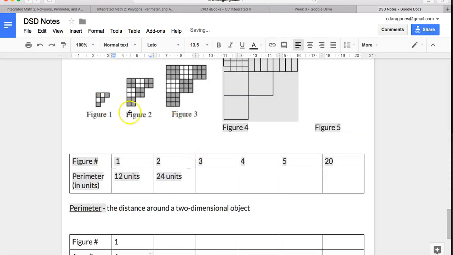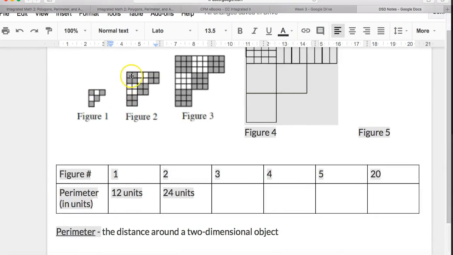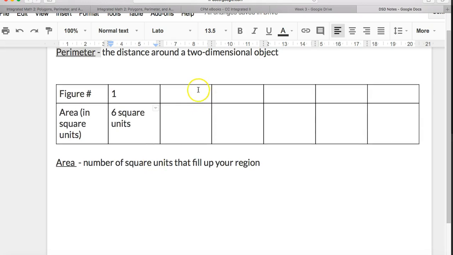Okay. Same thing with figure 2. You're just going to count up how many square units there are. So here's 1, 2, 3, 4, 5, 6, 7, 8, 9, 10, 11, 12, 13, 14, 15, 16, 17, 18, 19, 20, 21, 22, 23, 24. So figure 2 has 24 square units.